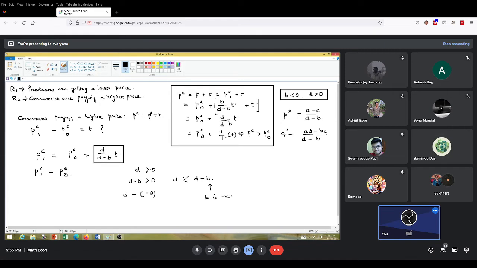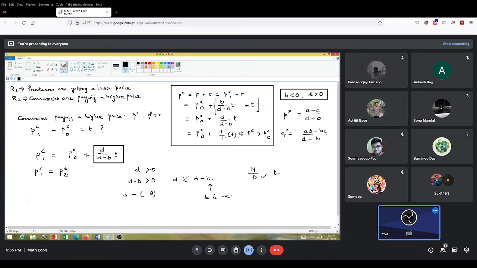Yes, sir. So that means the denominator is larger than the numerator. And if you multiply this by into T, what does it mean? You're taking the price increase, price is going up, but only by a fraction of T.